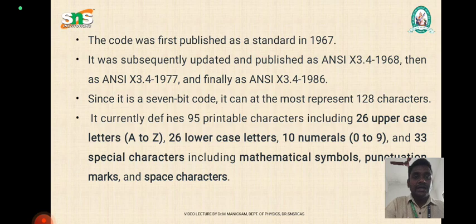It currently defines 95 printable characters, including 26 uppercase letters A to Z, 26 lowercase letters a to z, 10 numerals 0 to 9, and 33 special characters, including mathematical symbols, punctuation marks and space characters.